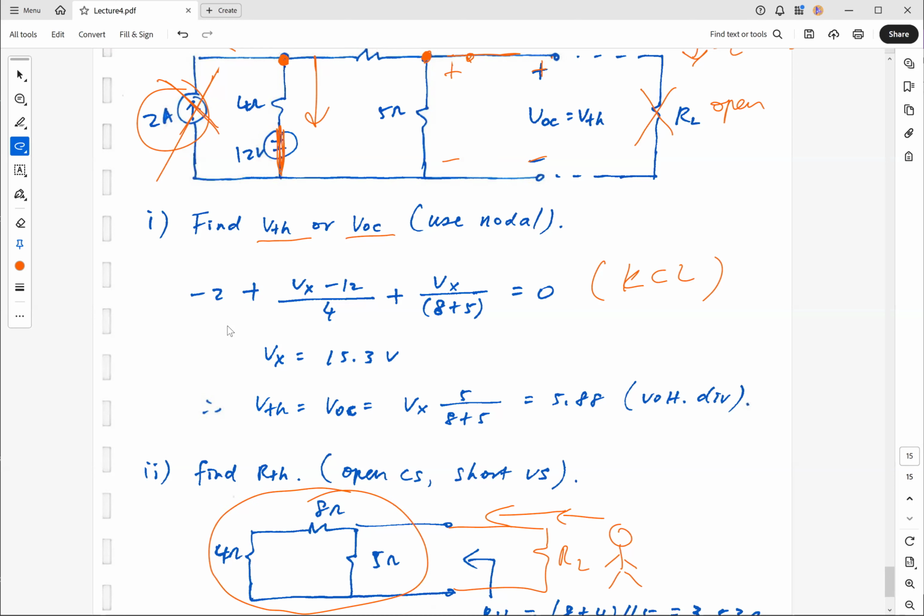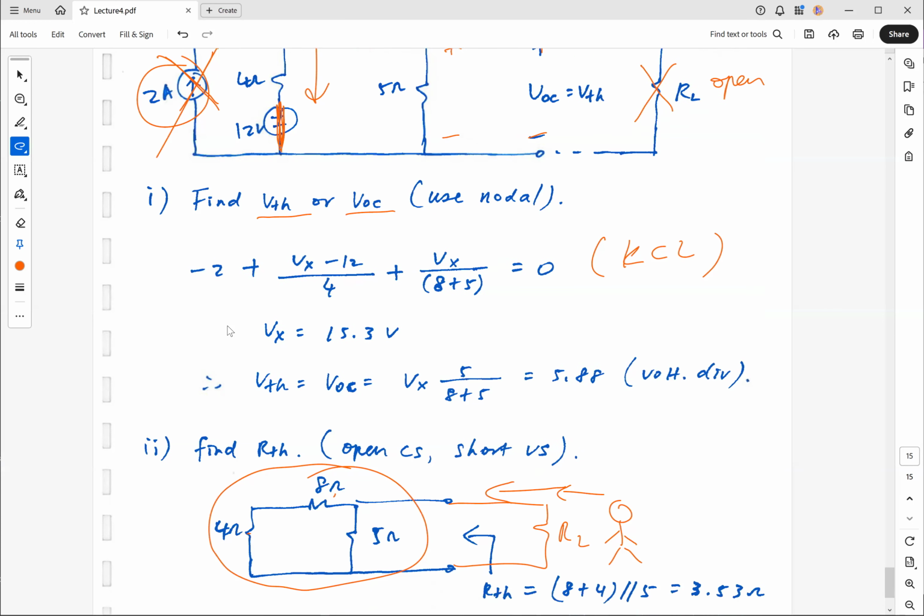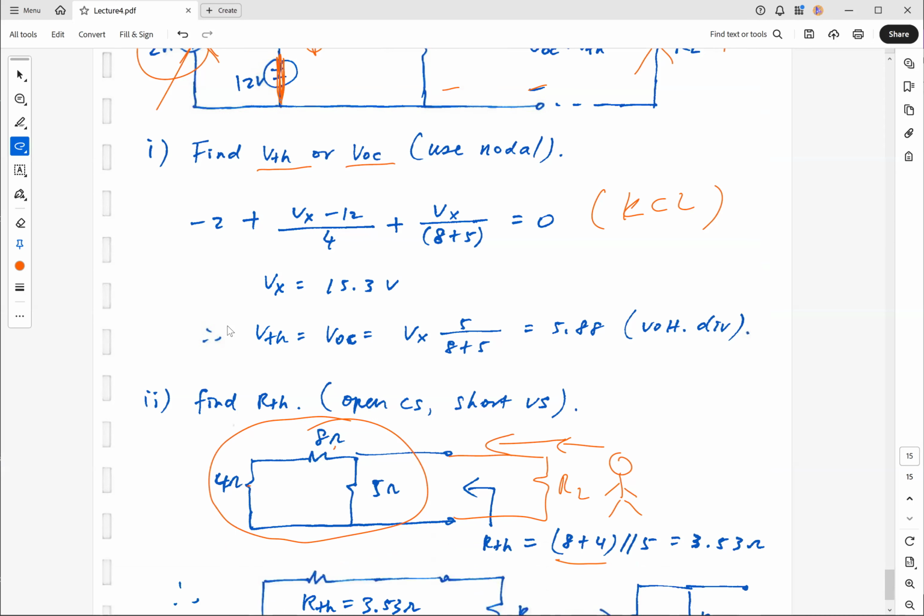You always simplify the circuit that is furthest out. So 8 and 4 are in series, and then in parallel with 5. So 8 in series with 4 first, and then in parallel with 5. That's what you see when you're standing right here, to find your RTH. So 3.5 ohm.